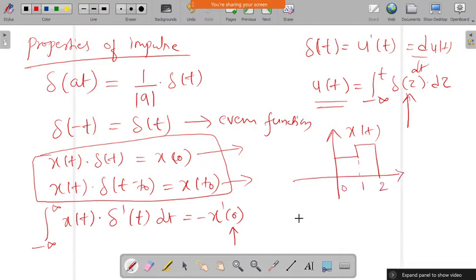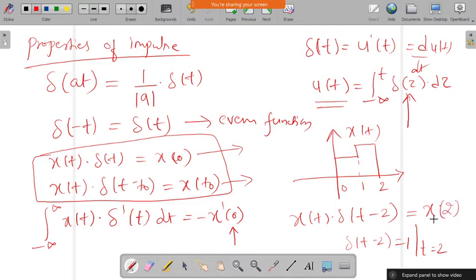If I want to evaluate x of t into del of t minus 2, what will happen? This will give only x of 2, because del of t minus 2 is 1 only at t equal to 2. The amplitude of x at 2 is 2, so it will give an impulse with amplitude 2 at t equal to 2. So this is x of t into del of t minus 2.